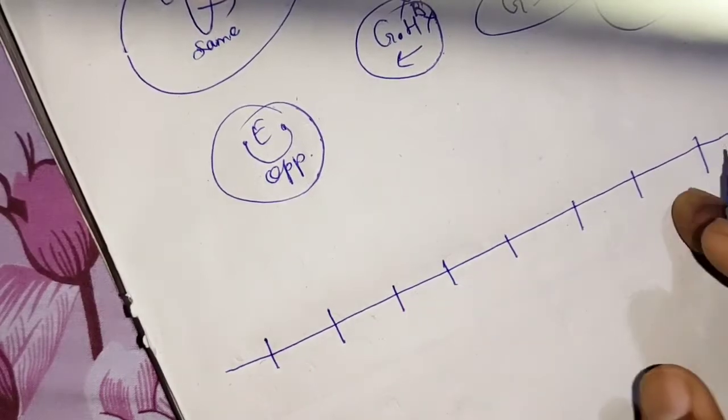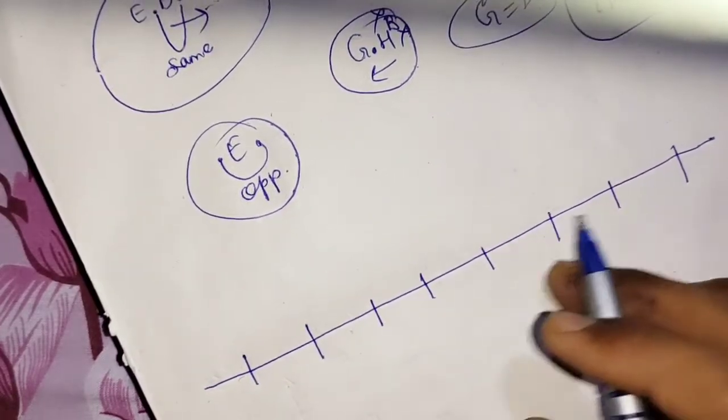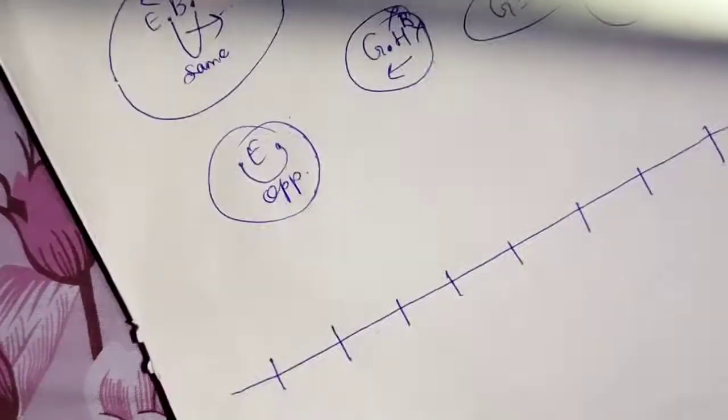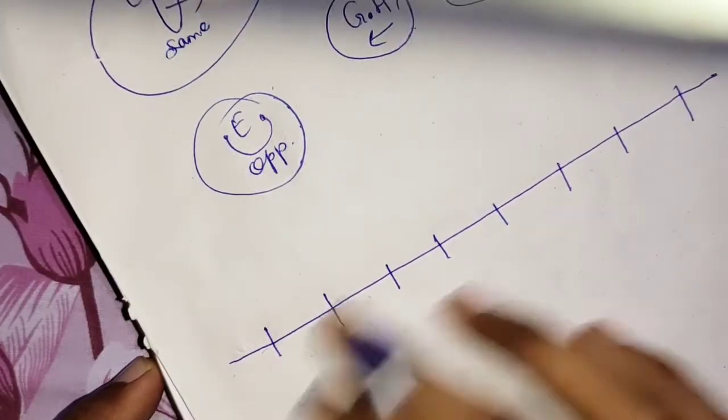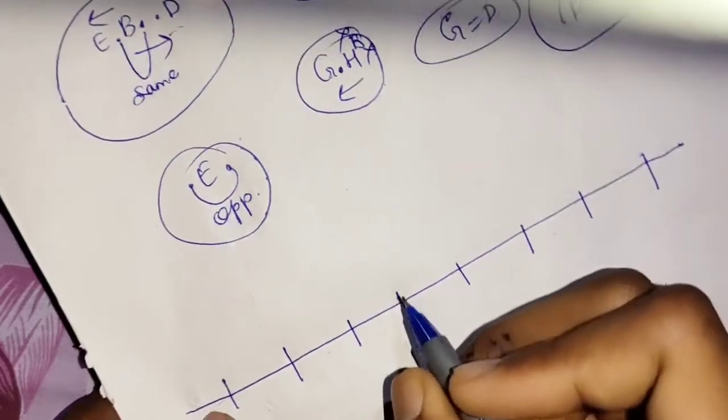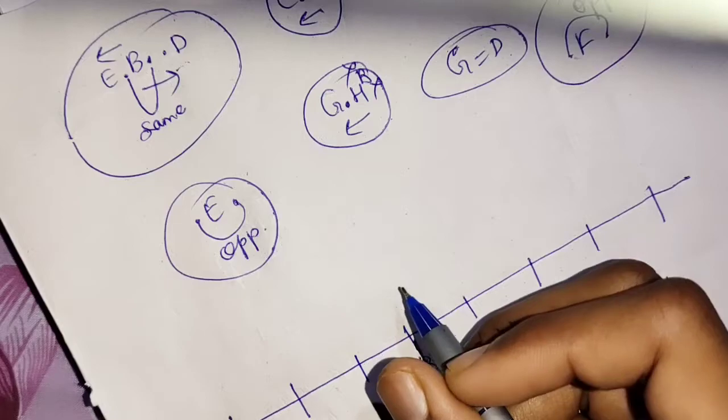So D is third to the right of B. We can take B anywhere, and this is the beauty of this method. No worry about which person to place first. We can place B anywhere. So let's suppose I place B here, and we can take the direction anywhere.